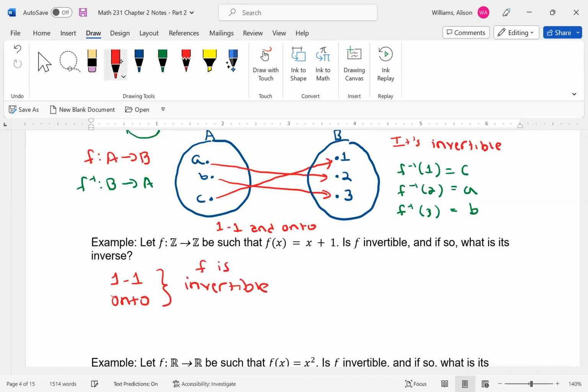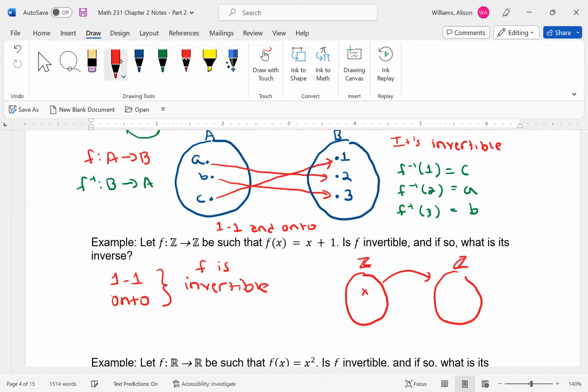F is invertible. Okay, so let's figure out the inverse. What we're trying to say is, if we take something in our integers under F, what happens to that something?